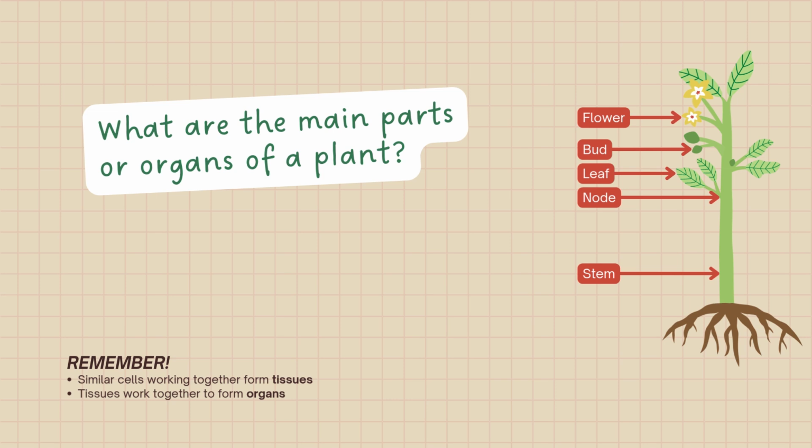Now I'm going to talk about morphology. Morphology describes the external features of the stem. Stems have nodes where leaves attach, internodes that are the space between nodes, and buds which can grow into branches or flowers, and sometimes modified structures like thorns and tendrils.